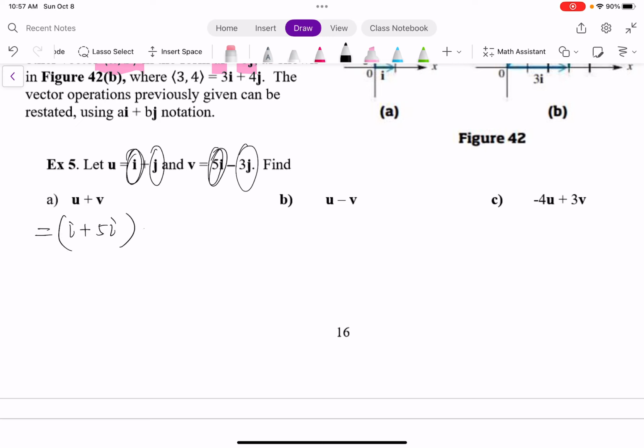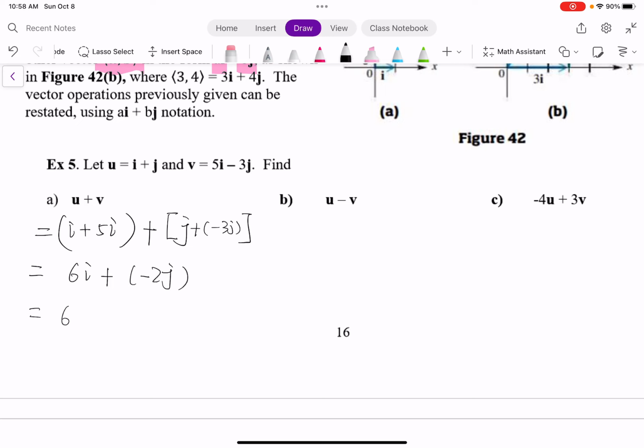This is the i part, plus this is addition, plus the j part, plus -3j, or use brackets. Then do the simplification. Let's erase this. We have 6i plus -2j. So this is 6i minus 2j.